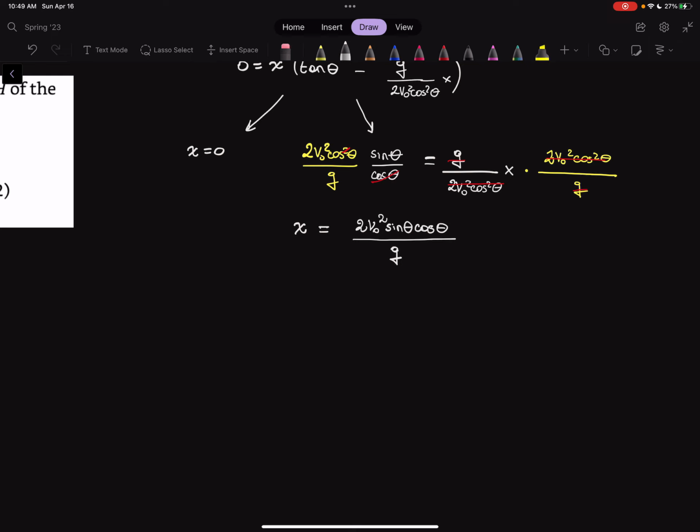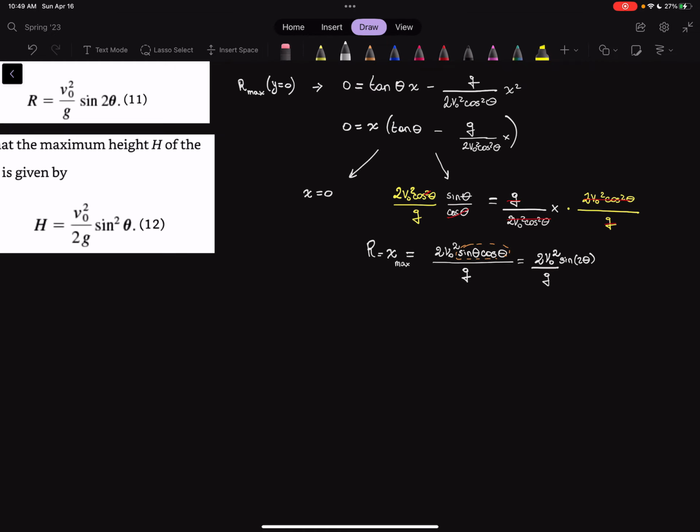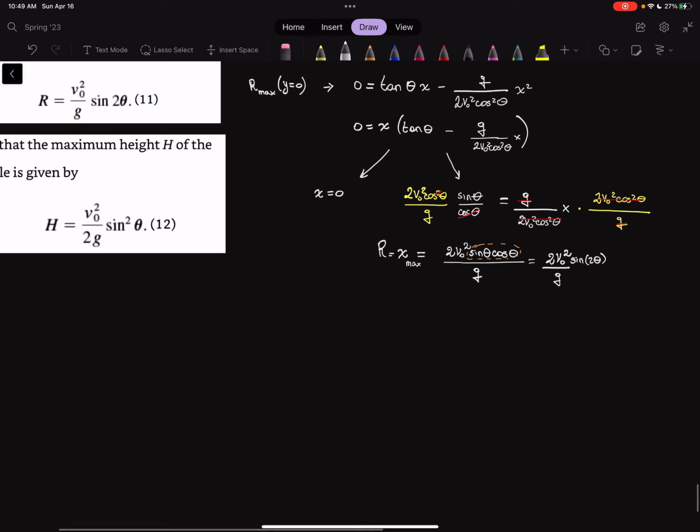And this is my x max, which is my range. Now this I can rewrite using a trigonometric identity into 2 v naught squared times the sine of 2 theta divided by g.